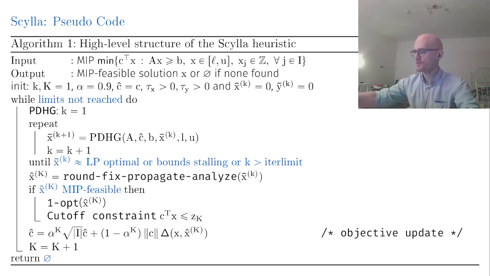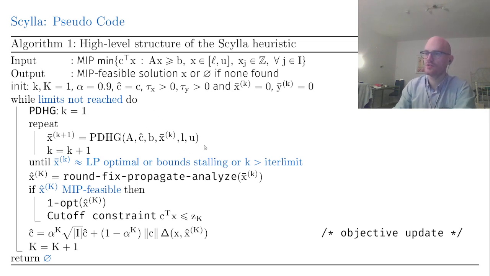Right. So the first thing we'll do is we will have a primal dual hybrid gradient, PDHG, loop here. And the inner loop there will try to find an approximate solution of a given linear relaxation with c hat here, which is originally our initial objective.